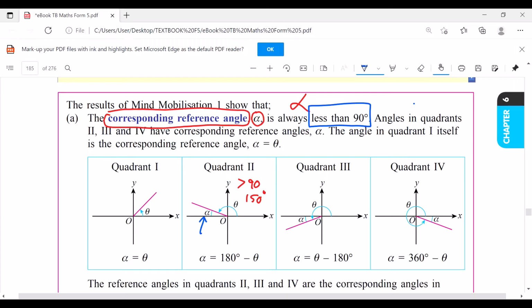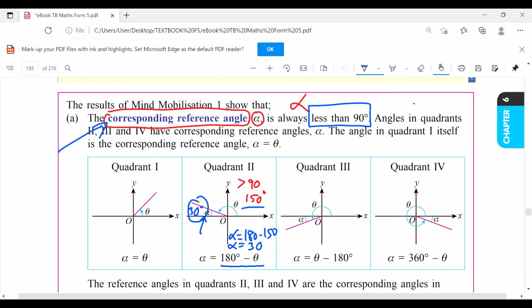And how do you get alpha? Of course, 180 you minus with your theta. If your theta is 150, your alpha will be 180 minus 150, so your alpha will be 30 degrees. So 30 degrees is the corresponding reference angle for 150.